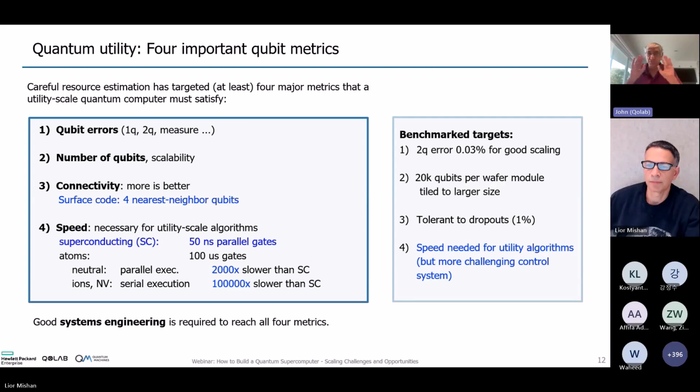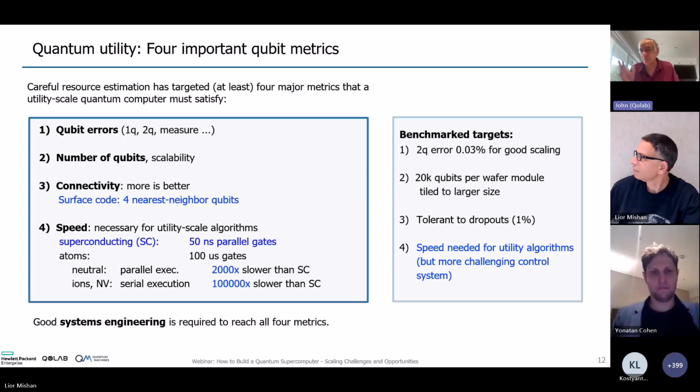For the benchmark targets that we're reaching, we're looking for a 2-qubit error in the 10 to the minus 4 range, about 0.03%. That's going to get the lambda 18 factor that we want. In terms of the number of qubits, we're going to base it on a module size of about 20 qubits per wafer module, and then we can tile it and connect it up to make bigger systems.